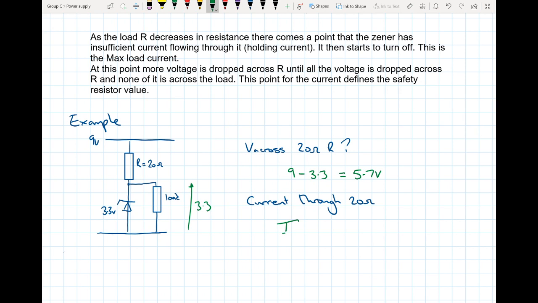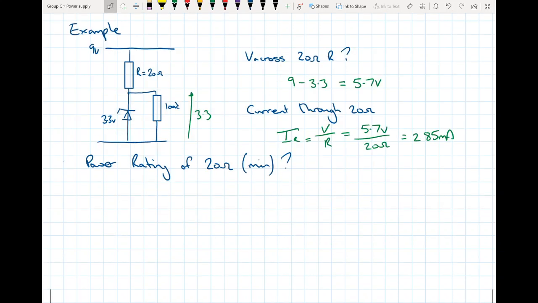So what's the current through that resistor then? Our current is equal to voltage divided by resistance. We now know that there's 5.7 volts across it and it's a 20 ohm resistor, so we've got 285 milliamps. Let's say what's the power rating of that resistor, so that we can see which one we need.